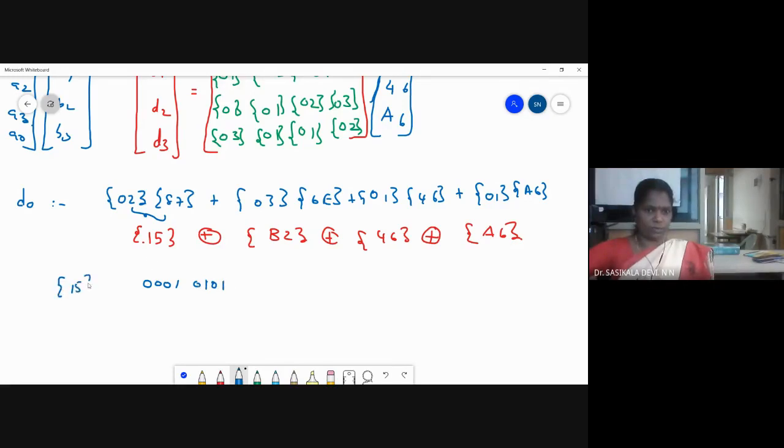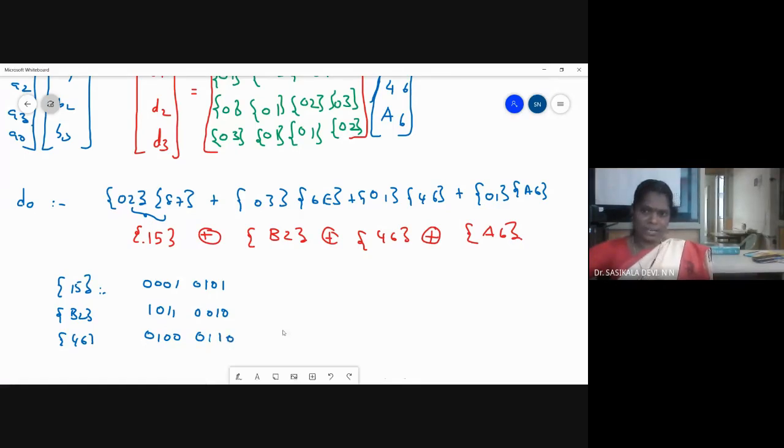I have represented 15 like this. And then B2, B2 is 1011 0010. Then 46 is 0100 0110. Am I correct?